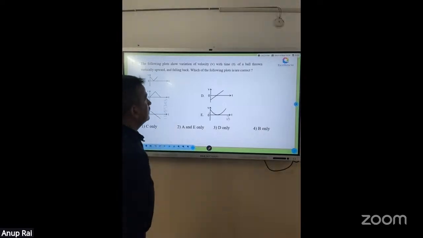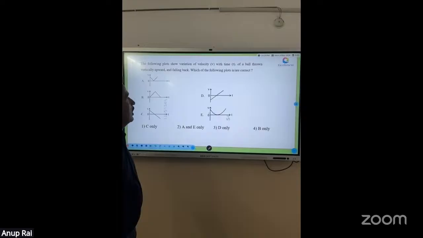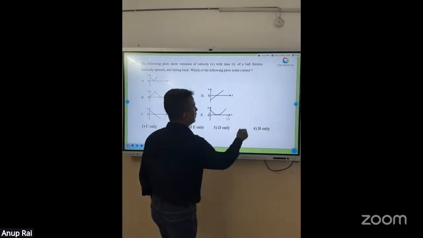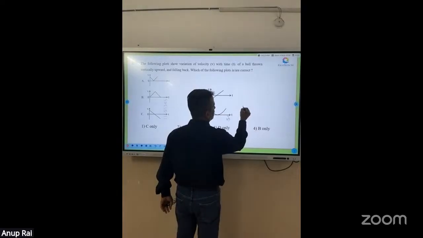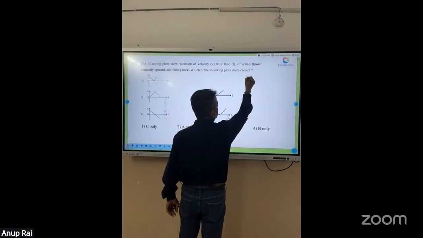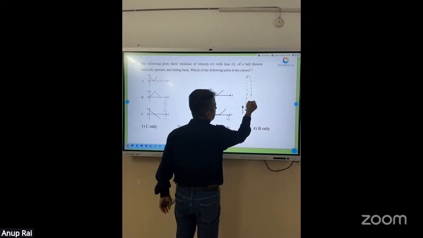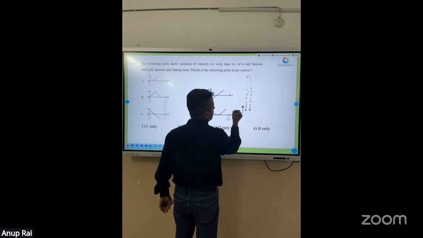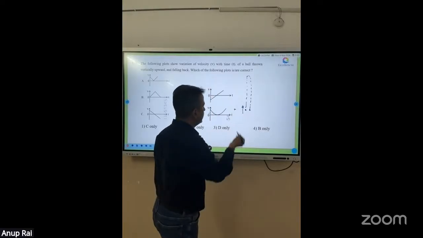The following plots show the variation of the velocity with time of a ball thrown vertically upward and falling back. Which of the following plots are correct? Okay. So look, here is a ball that you are throwing upward. It will go, velocity will keep on decreasing, will become 0 at the highest point, and then it will change direction. Generally by default we take upward as positive.